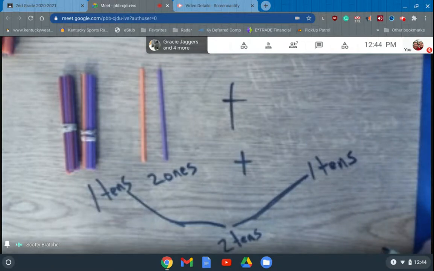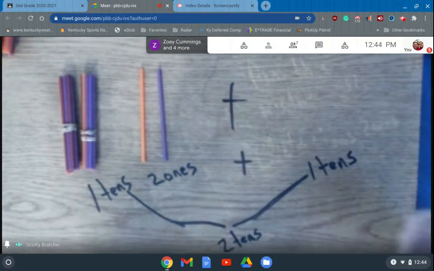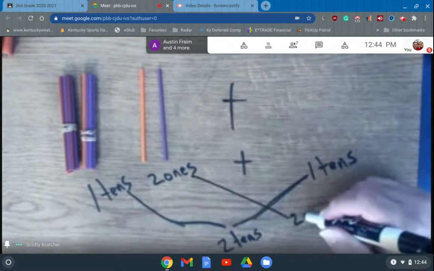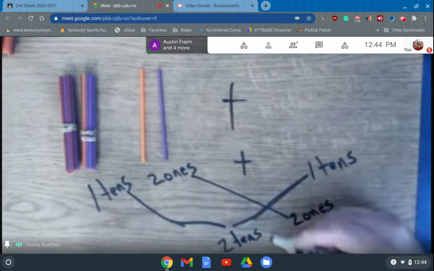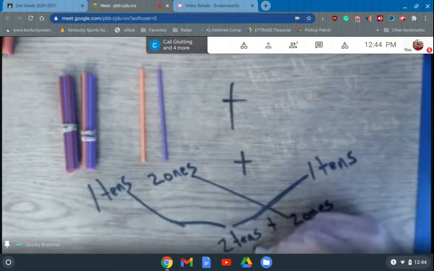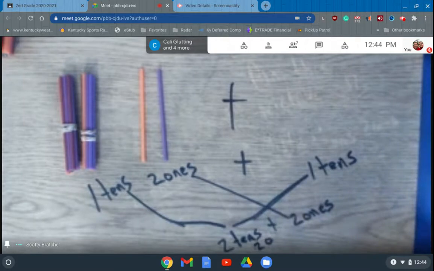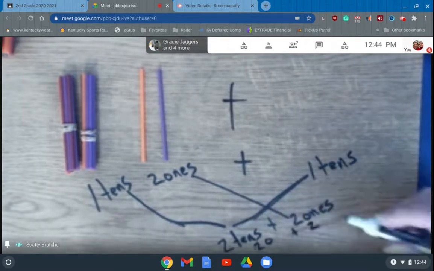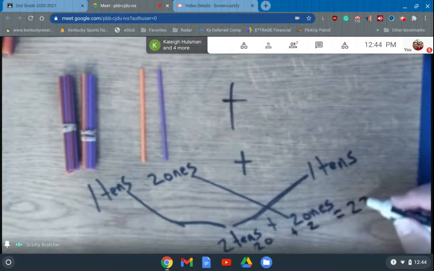Can't add anything to them, can we? But I can't do like Gracie at first and forget about them. So I'm going to bring them over here and say it's 2 ones. When I add this together, 2 tens is 20. 2 ones is 2. And that gives me 22.